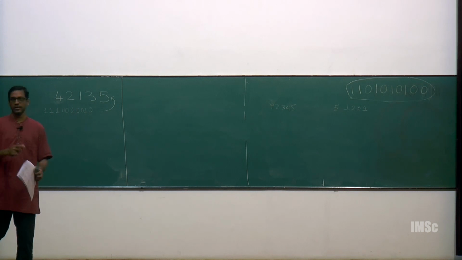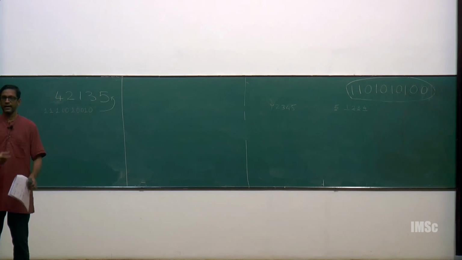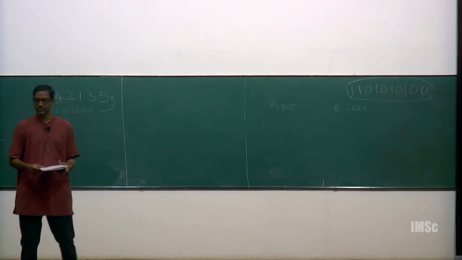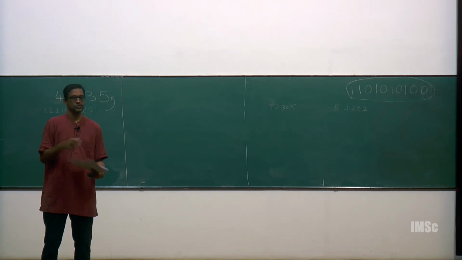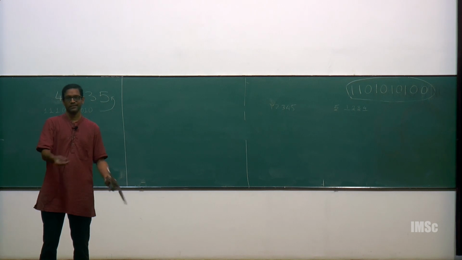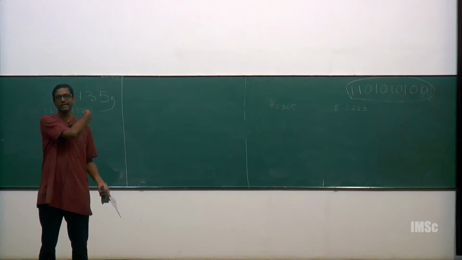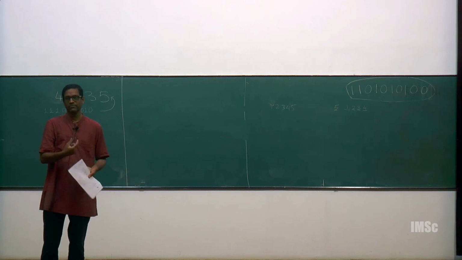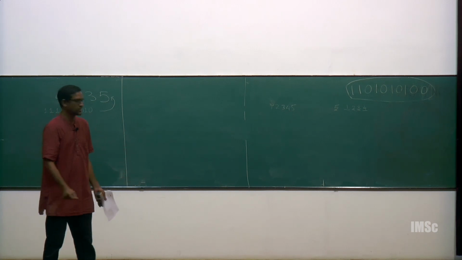So if I can count the number of push-pop sequences, I have managed to count the number of 2, 3, 1 avoiding permutations. You agree? Push-pop and this are really a bijection. If I give you this, you can find that, and if I give you that, you can find this.